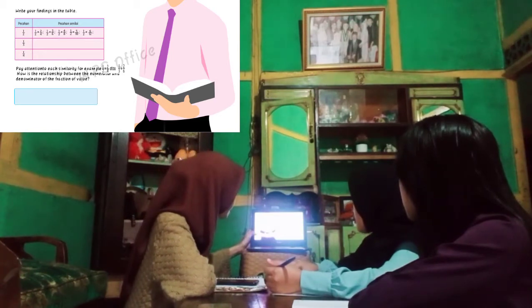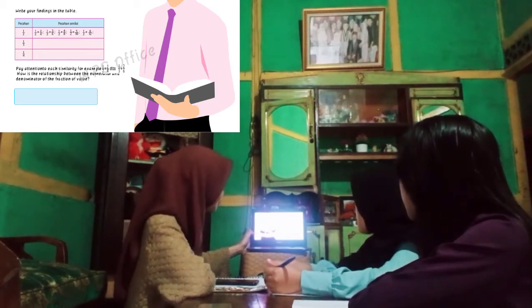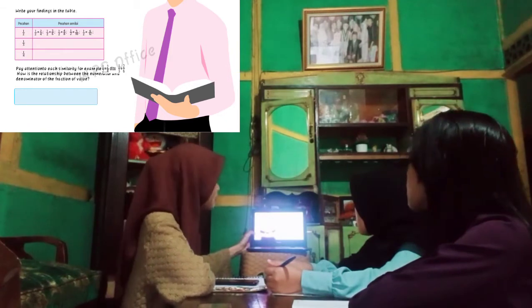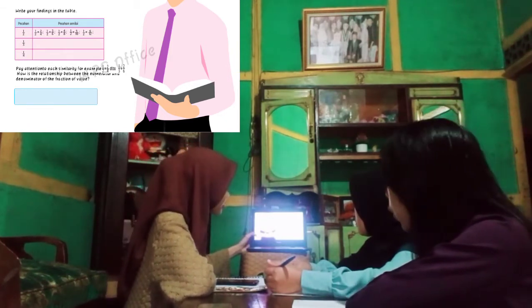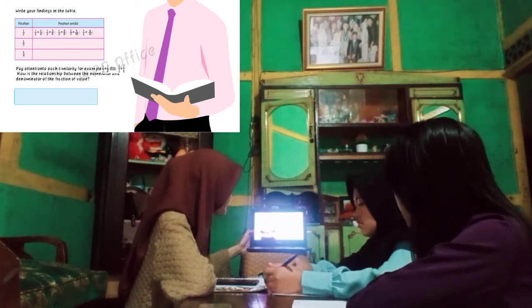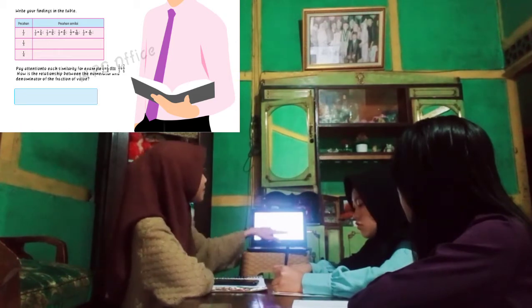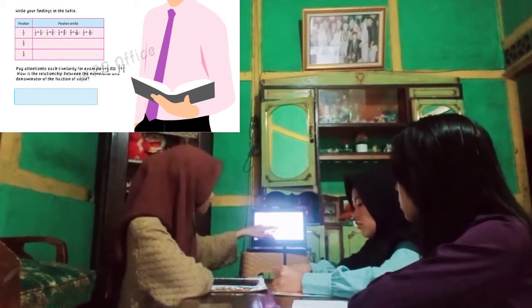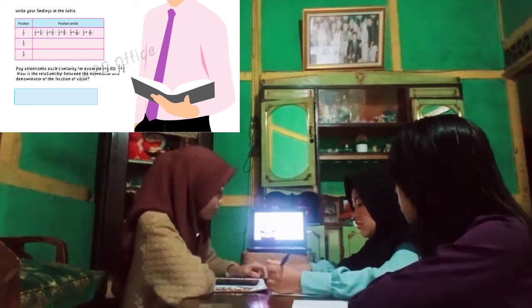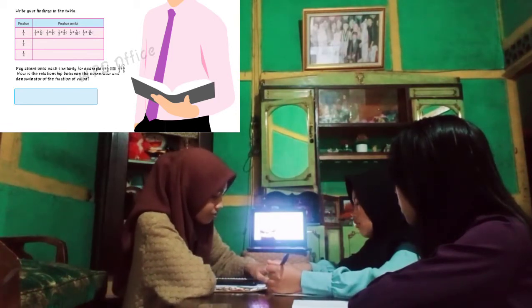By addition, add similarity. For example, 1 over 2 is 2 over 4, or 1 over 3 is 2 over 6. What is the relationship between the numerator and denominator of a fraction of value?